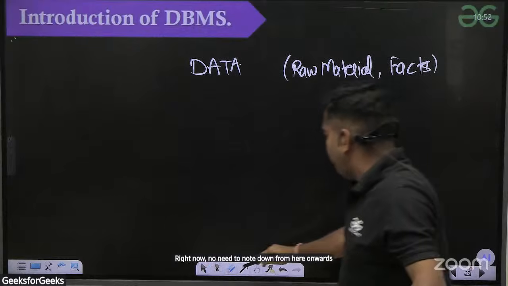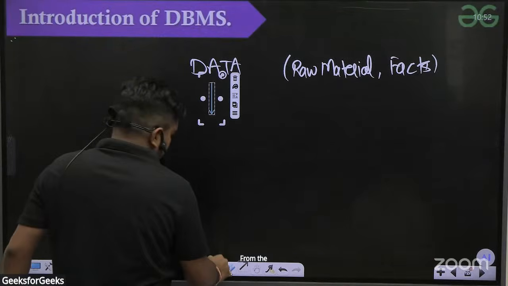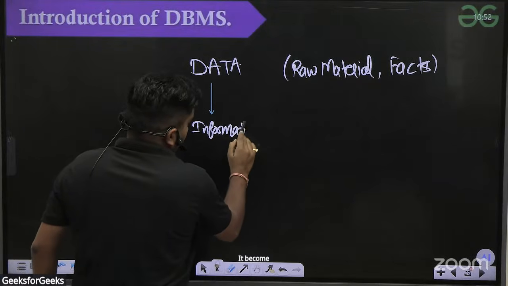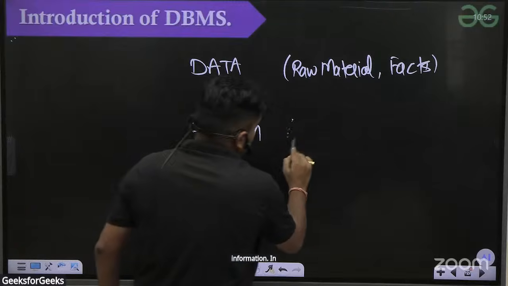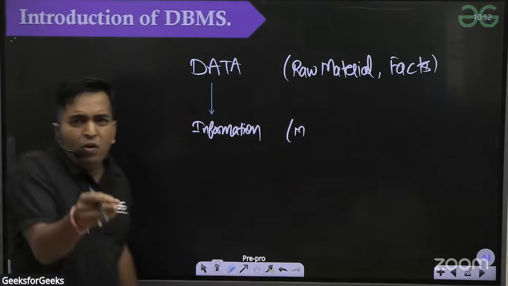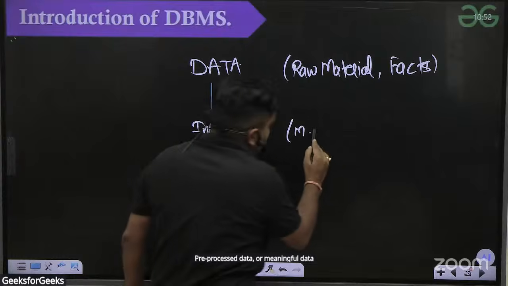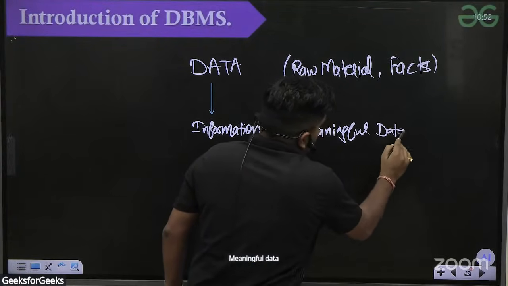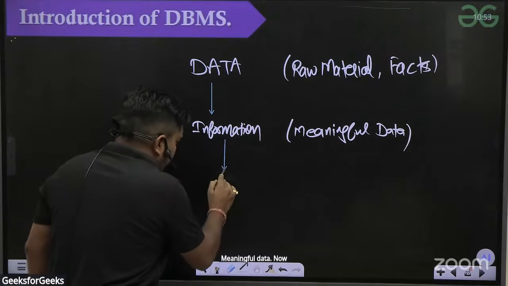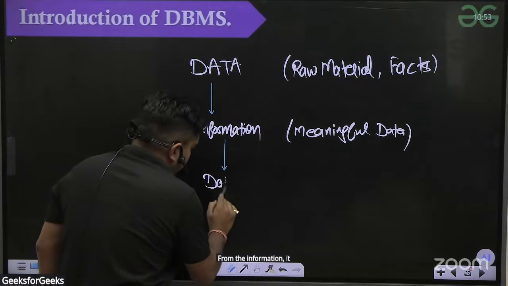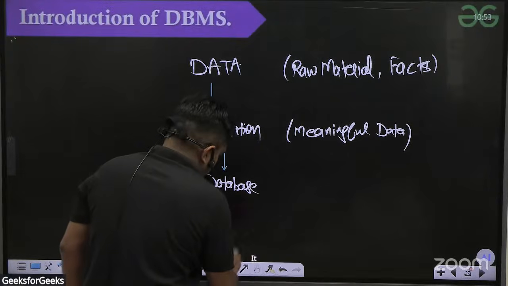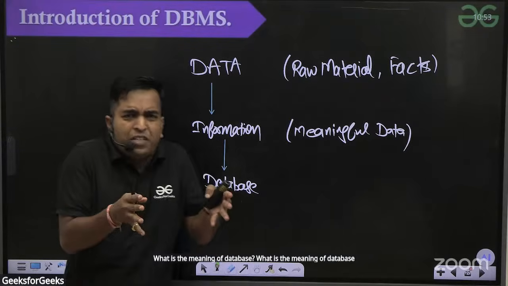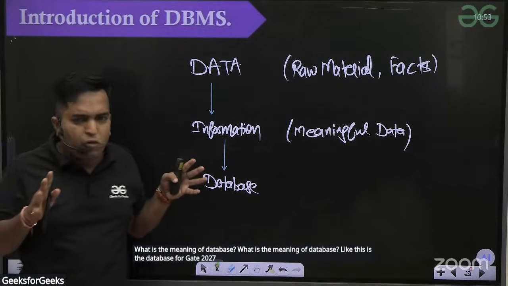I will tell you. From the data, it becomes information. Information means what? Pre-processed data or meaningful data. Now, from the information, it becomes database. What is the meaning of database? Like this is the database for GATE 2027 aspirants. So what is the common thing?